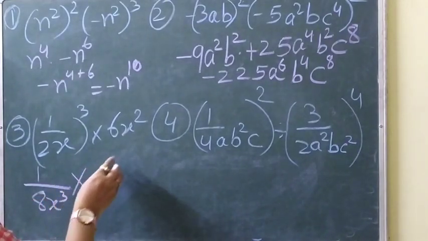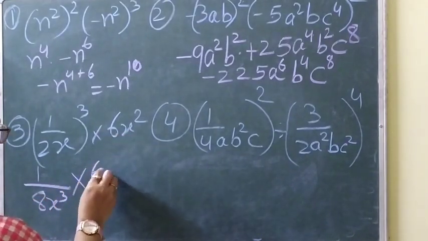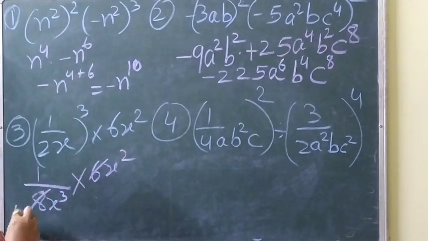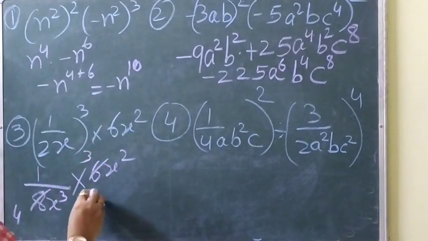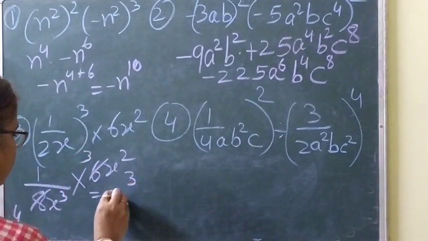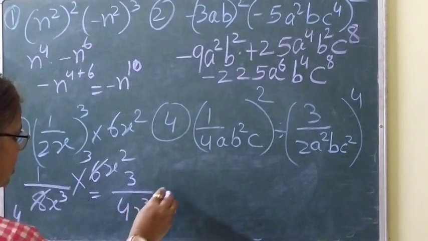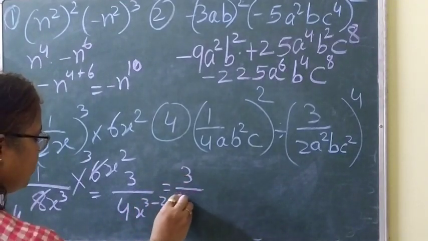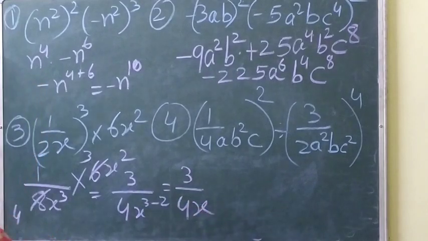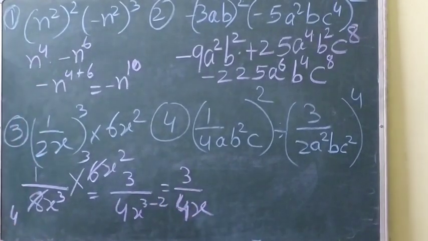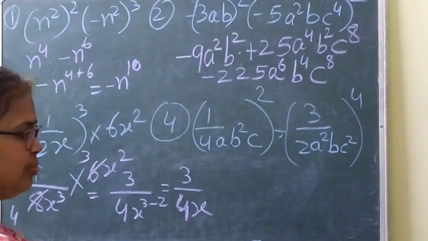Then here into 6x square. We can cancel here. 2 4s are 8, 2 3s are 6. So here it will be 3 by 4, x to the power 3 minus 2. So it will be 3 by 4x. Clear? What will be the answer? 3 by 4x. I hope it is clear.